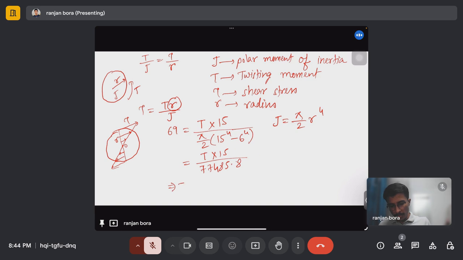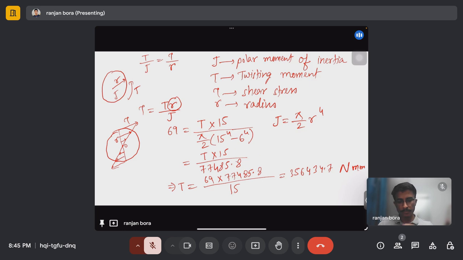From this T will be 69 times J divided by R, equal to 356434.7 Newton mm.